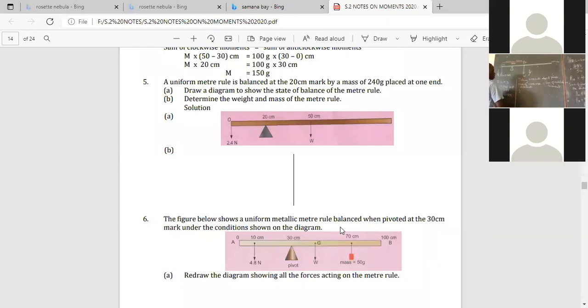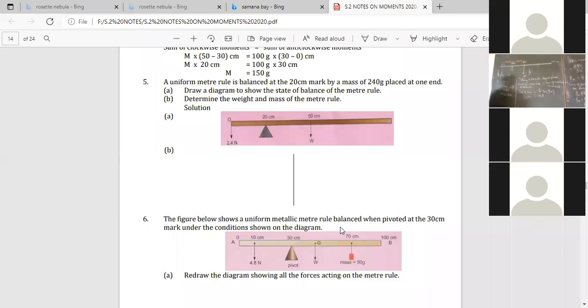Good. So W is equal to 48 divided by 30. And then what is our W? 1.6.